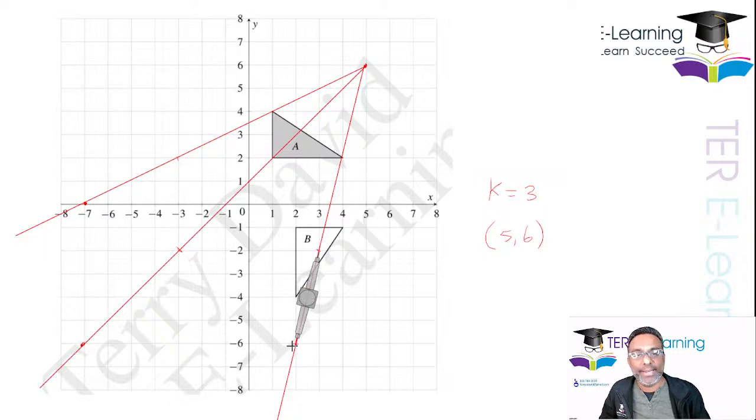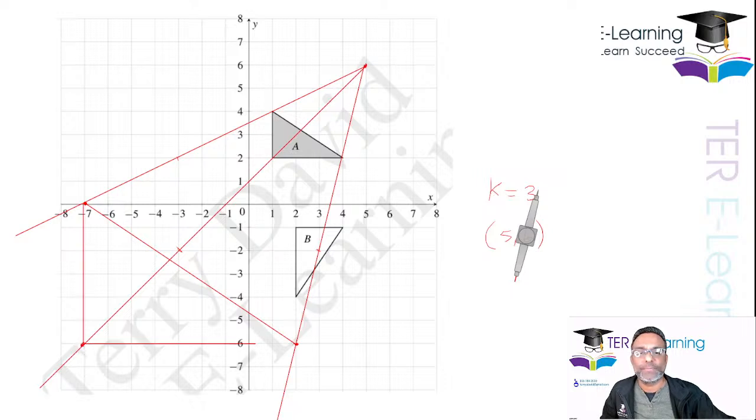It's landing here. So just like that, I know exactly where I'm going to draw this enlarged thing. So all you do is join this to this, join this to this, and then join this to this. And that's it. That is my enlarged triangle.